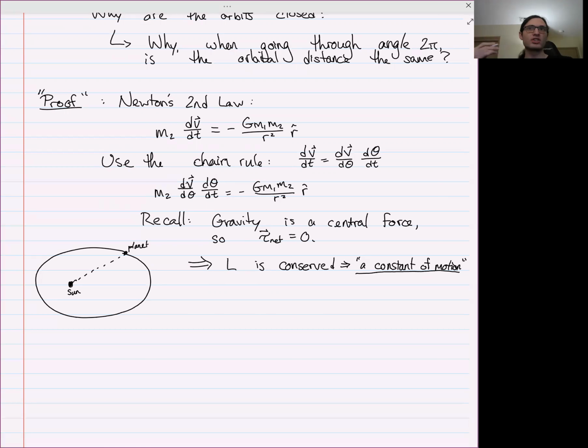Instead, we can use the fact that the angular momentum of a system is equal to the moment of inertia of that system times its angular velocity. It's equal to I omega. And the moment of inertia of a point mass, which we can treat the planet as here, is just m r squared.